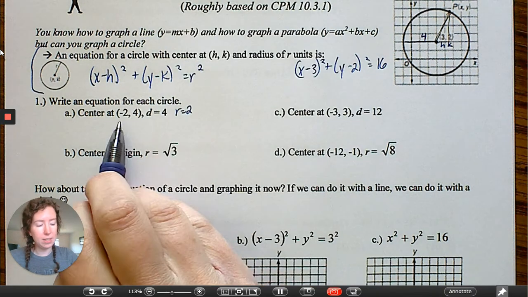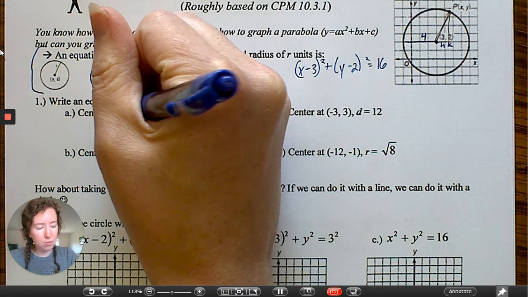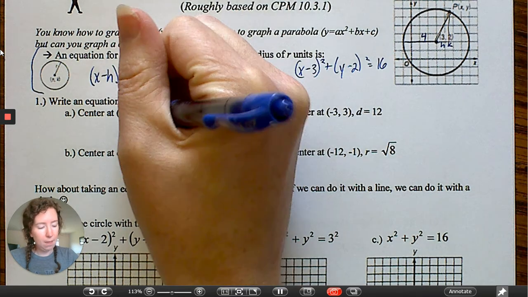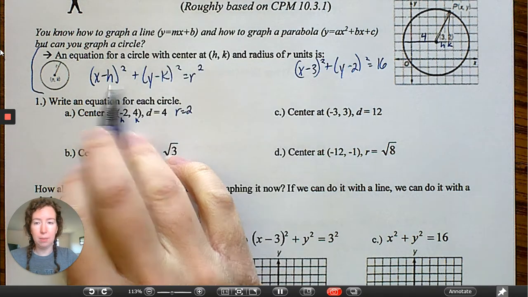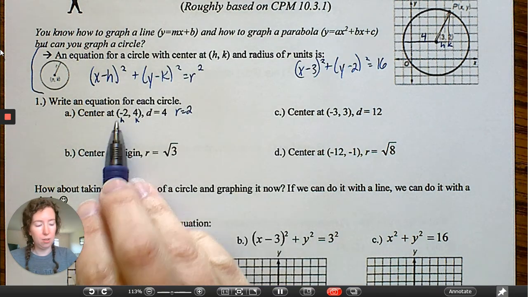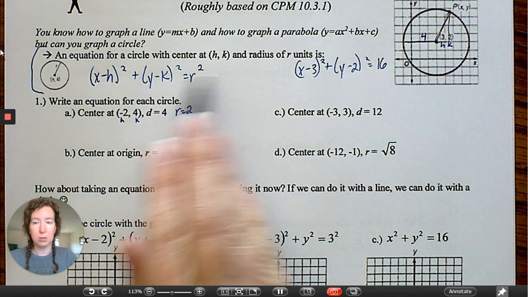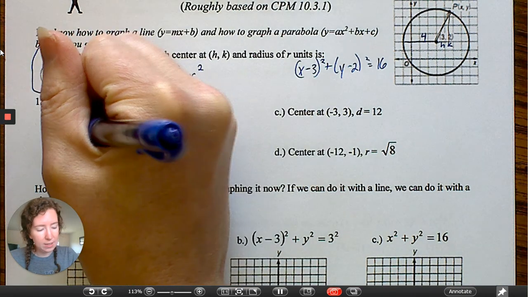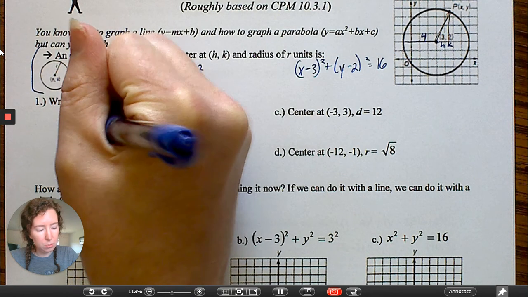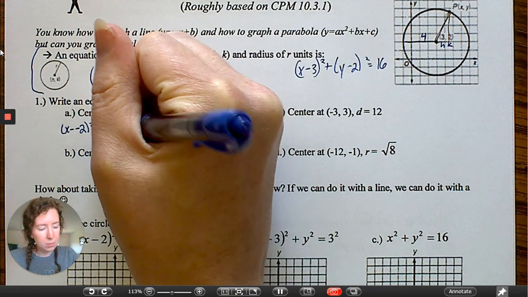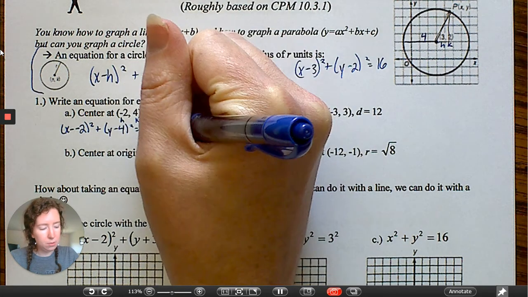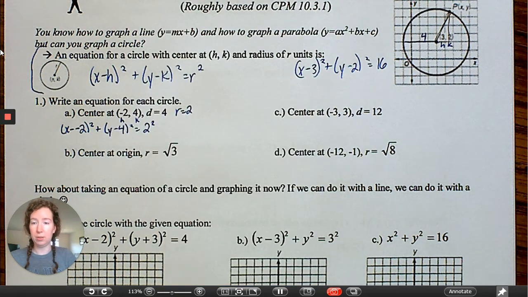So let's plug this in. -2 is going to be my h value. 4 is going to be my k value. And I'm simply going to substitute them in up here, right? All these values are going to get substituted in. And then I'm going to simplify just a tad. So I've got (x minus -2) squared plus (y minus 4) squared equals 2 squared.